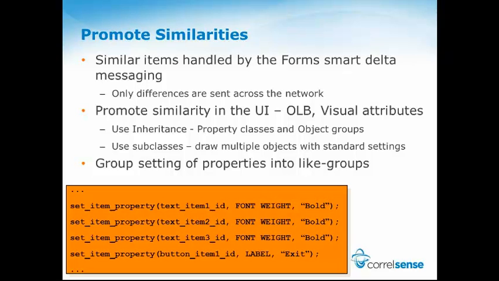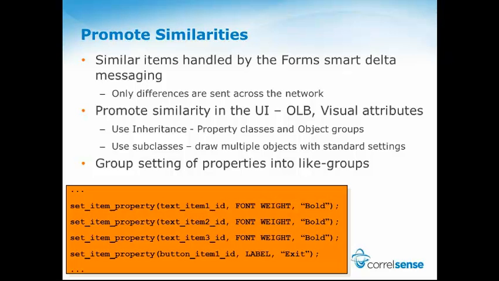If two items are almost identical, only one property is different, let's say only the title is different, the form metadata is smart enough to say, draw me 7 buttons, here, here, and here, and then also just add these 7 titles. Okay?